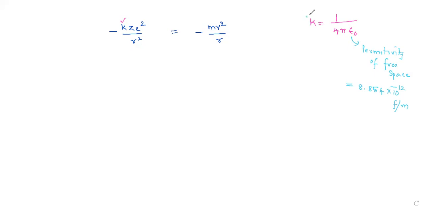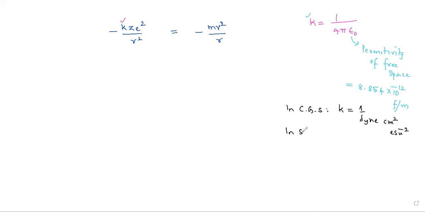Now coming to the value of K. You know, in CGS, the value of K is just 1 dyne centimeter square per ESU square.